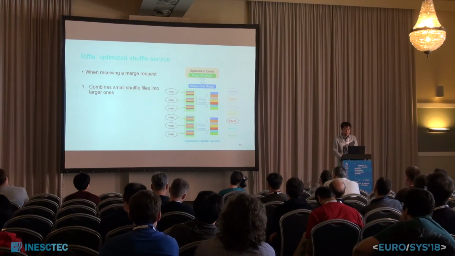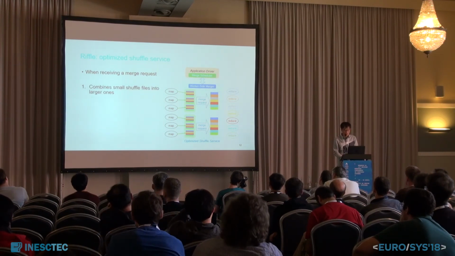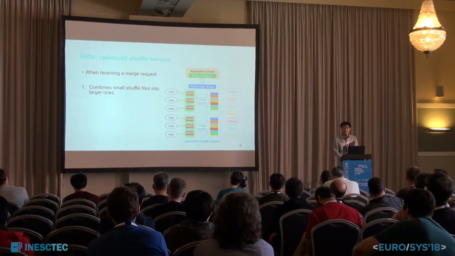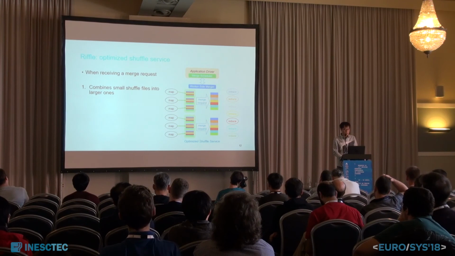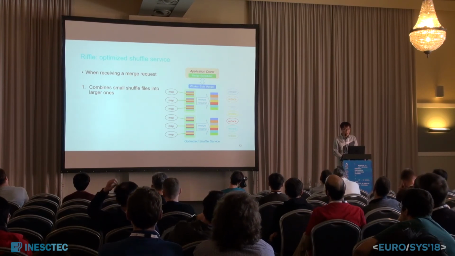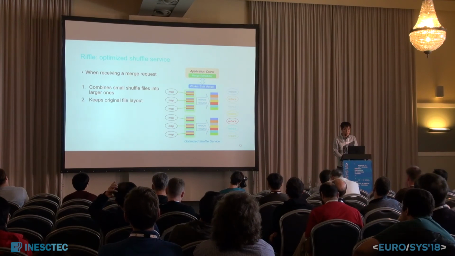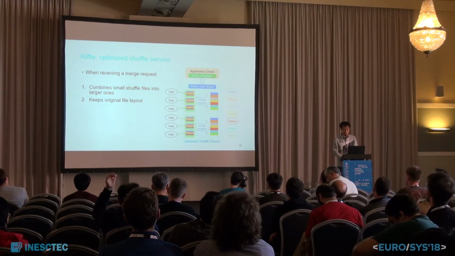Let's assume that the merge request wants to combine every 3 shuffle files into one large chunk file. So what the worker-side merger will do is that it will combine the small shuffle files into larger ones, and it will keep the original file layout. So you're merging this chunk by chunk.